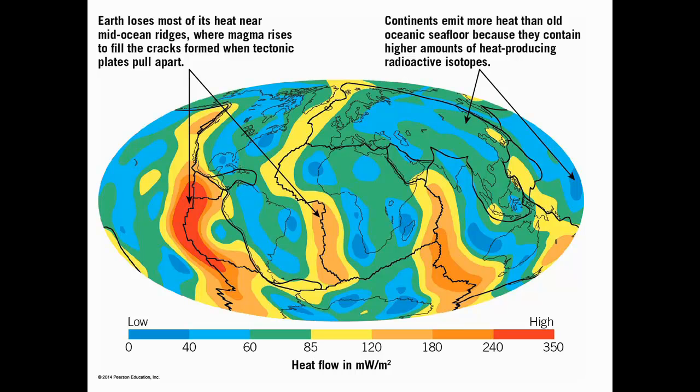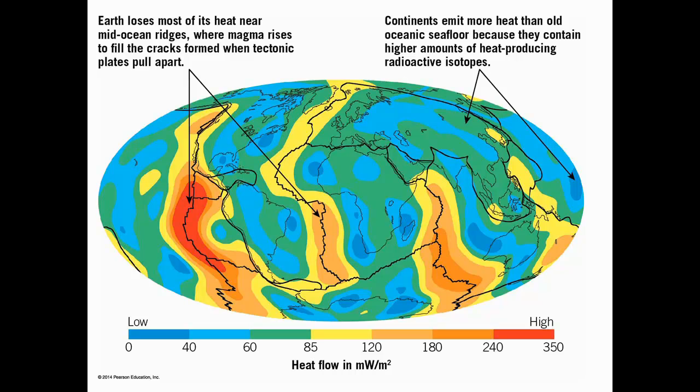Continents actually emit more heat than old ocean seafloor, on the other hand, and that's simply because continents contain higher amounts of heat-producing radioactive isotopes, particularly long-lived radioactive isotopes like uranium and thorium and potassium.